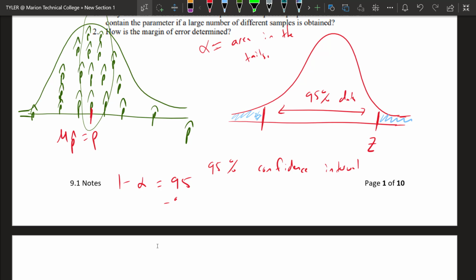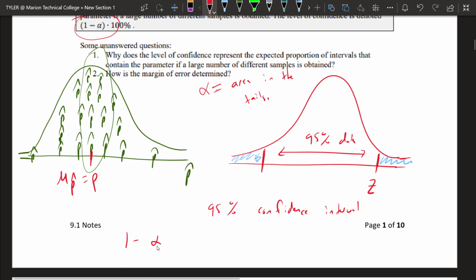Well, this would be times 100% as well. Forgot to write that down. Right, so we would have (1 - alpha) times 100% equals 95.